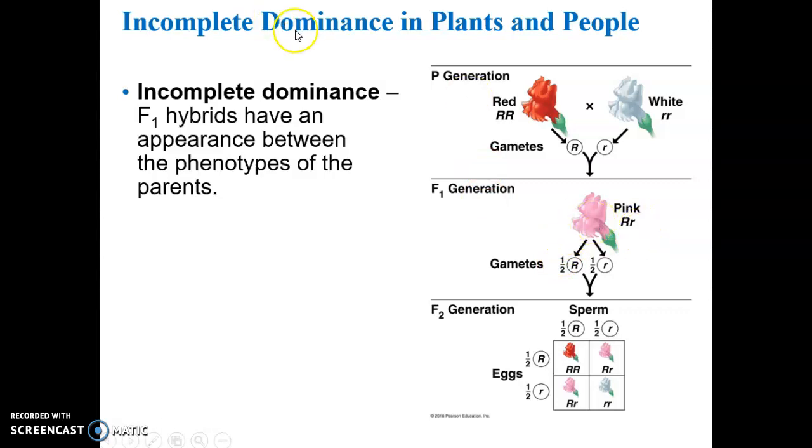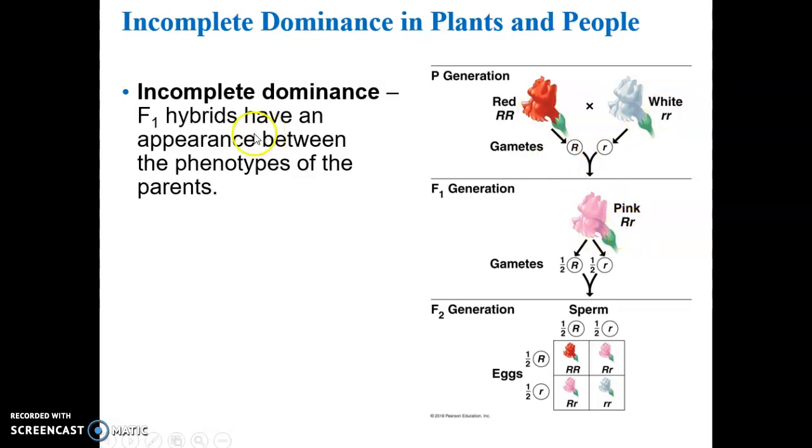If this was dominant-recessive inheritance, like in Mendel's peas, this individual should be red, because notice that R, for the red color allele, is dominant, capital R, and white is the recessive phenotype for the recessive allele. But the heterozygote here is not red, it's not even white, it's in between. If you mix red and white, you get pink.